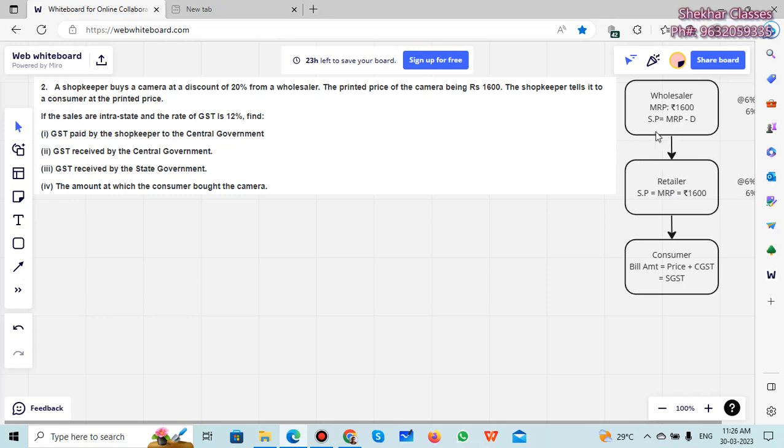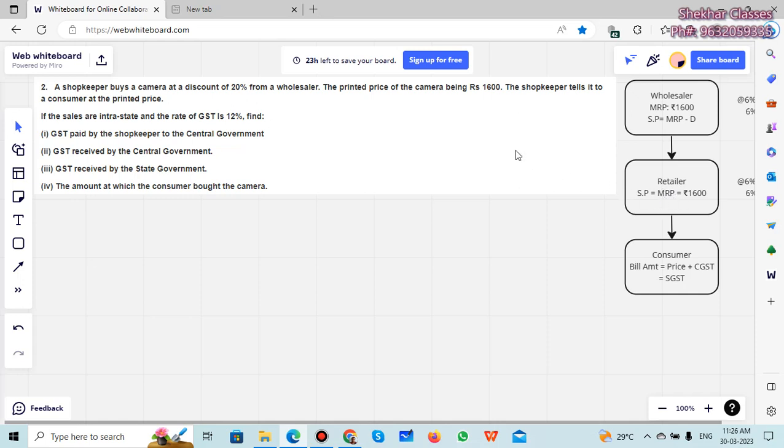So how do we calculate the selling price? Remember, the selling price is the printed price minus the discount. So selling price will be the MRP minus discount, but discount is in percentage. We have to find out the discount in rupees, and then only we can subtract it from the mark price. Then after that is done, that becomes the price at which this retailer or the shopkeeper has bought.